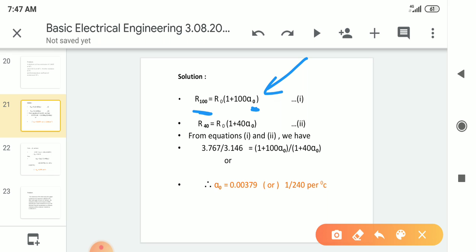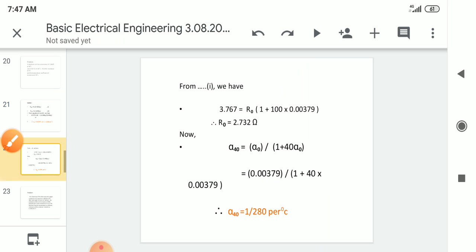We substitute all the values, then we get the R naught value. So one bit is over.